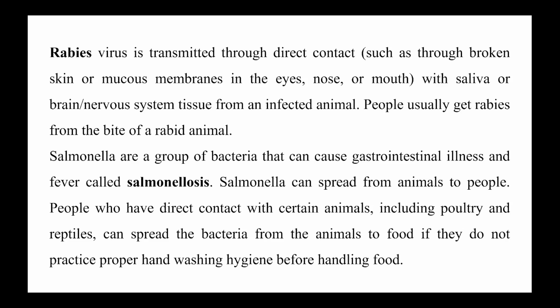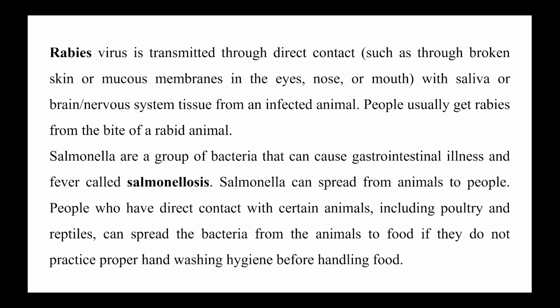So if a rabid animal bites me in my leg, the virus is going to enter from the leg because the bite mark is there, but the time for the virus to travel from my leg to my brain will be longer as compared to a situation where a rabid animal bites me on my head.